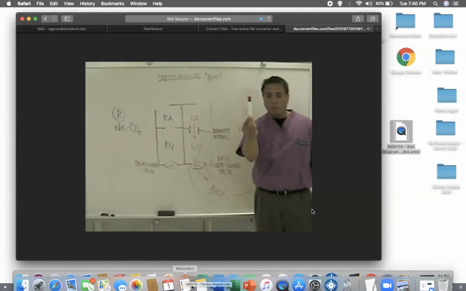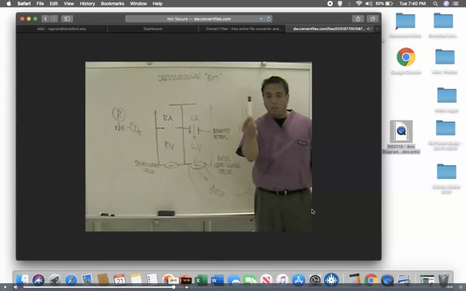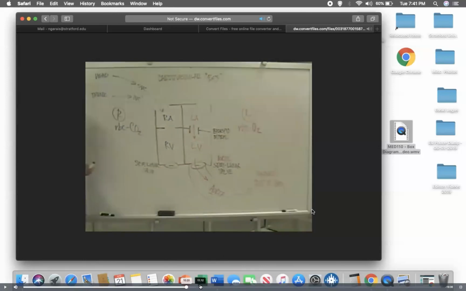So let's jump right to label that. Now, after it goes throughout the whole body, it's got to come back to the heart. And vessels that come towards the heart are, of course, veins.